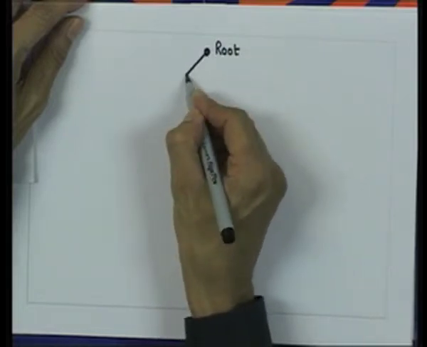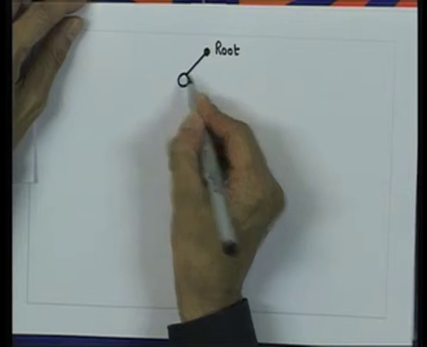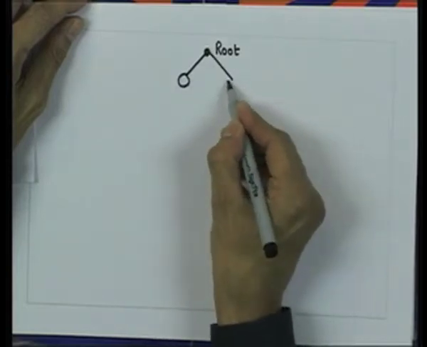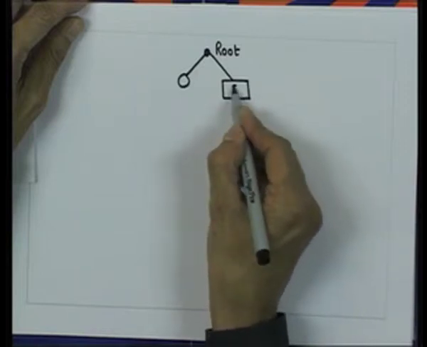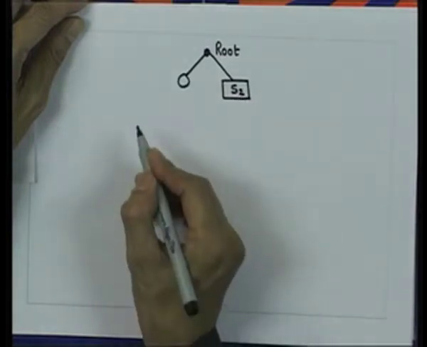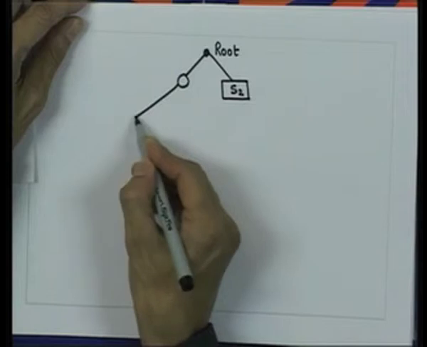From the root I have one intermediate node and another node which corresponds to a symbol.